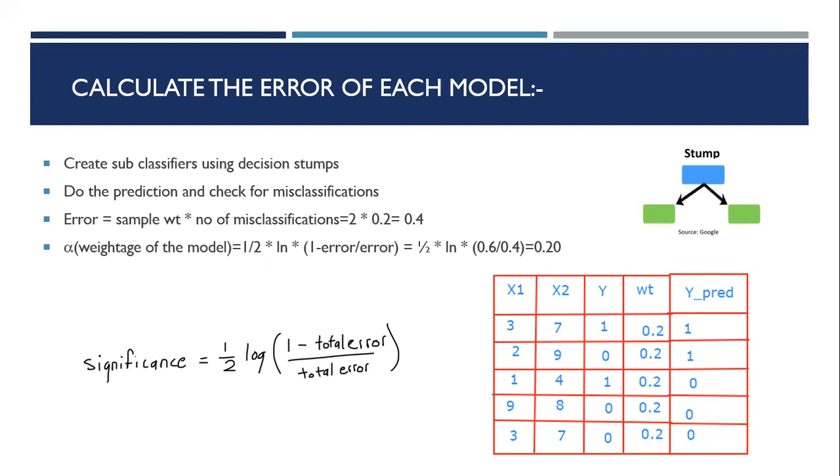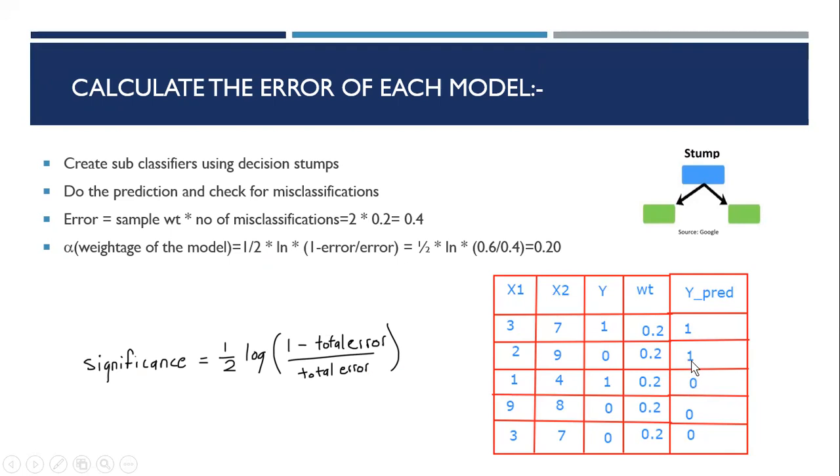This first decision stump is giving this prediction, y pred. For every row, it will try to give a prediction. Of course, it will make some errors, and as you can see here, for row number 2 and row number 3, it is doing misclassification.